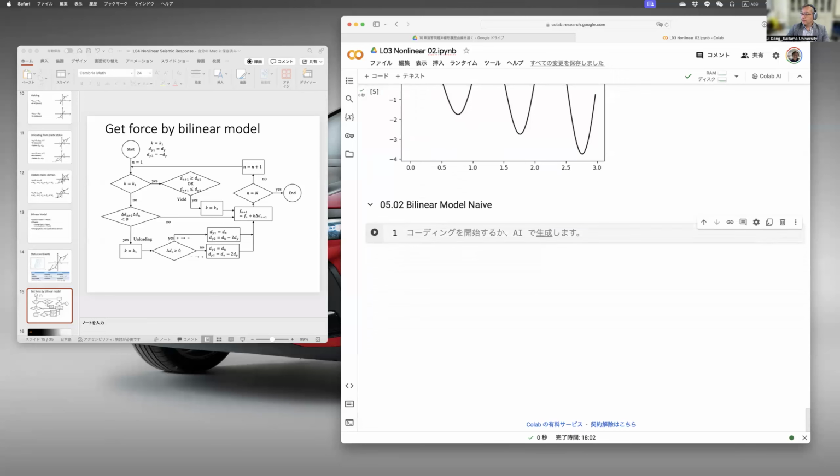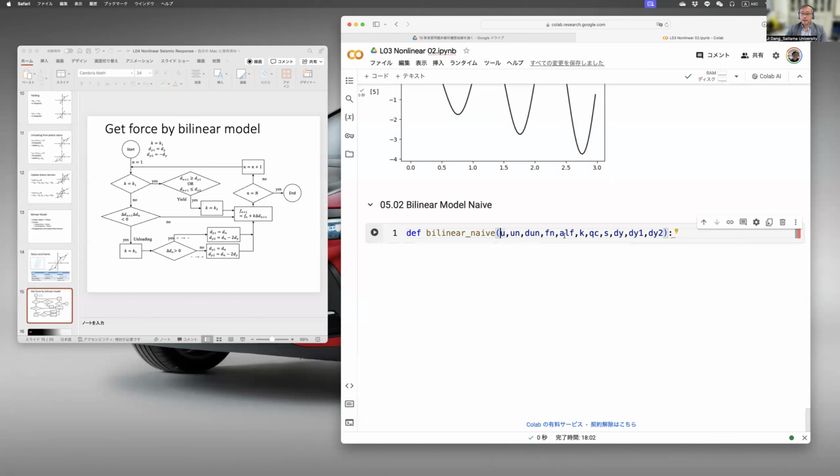Firstly, we need to define a function, a bilinear model. We call it bilinear naive. We use u and un and then dun. So u is displacement here. We use it a little bit differently. We use u, and f is the last step's force.